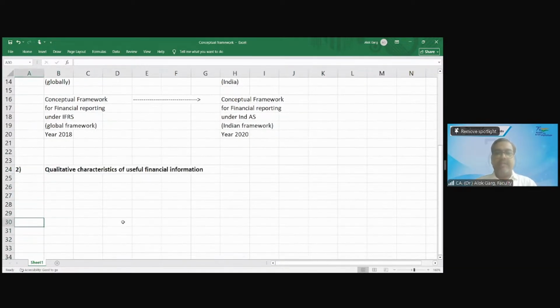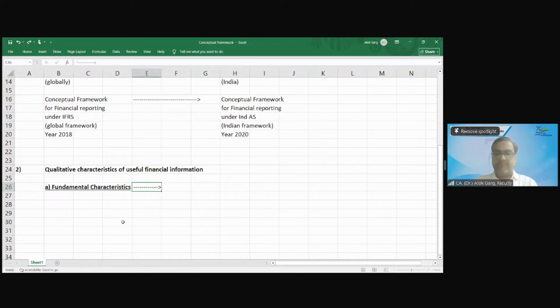Number 1, A: fundamental characteristics. And what are the fundamental characteristics?